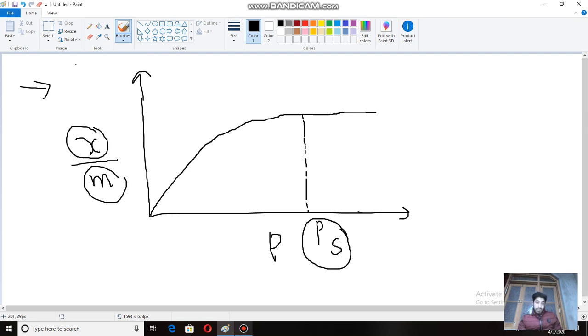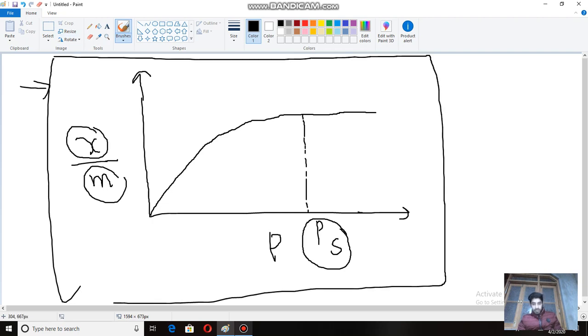I hope I am clear. And in this sketch which I have just drawn, we have assumed at the start that the temperature is constant.